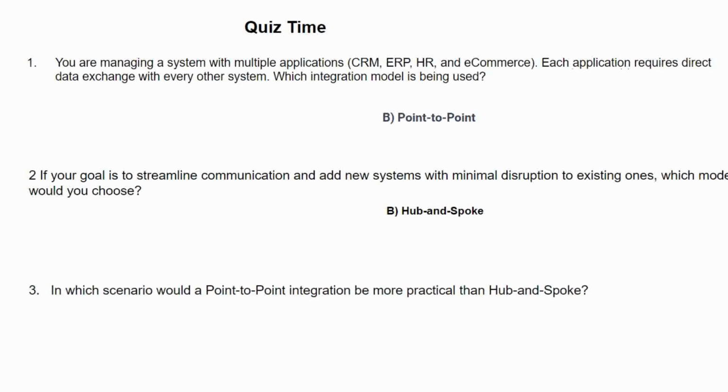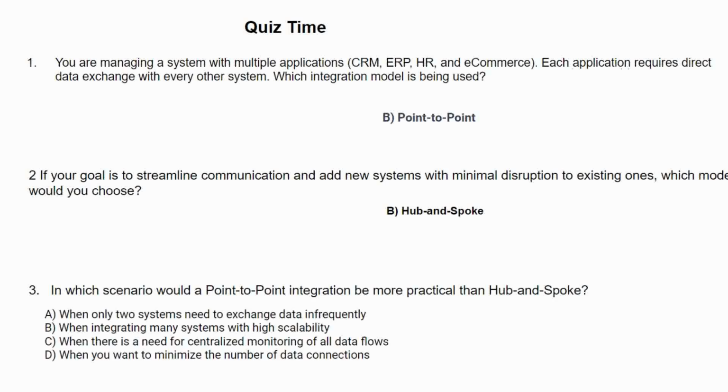The third question goes like this: in which scenario would a point-to-point integration be more practical than hub and spoke? Just think about what is point-to-point and hub and spoke and try to answer this. The options are: when only two systems need to exchange data infrequently; when integrating many systems with high scalability; when there is a need for centralized monitoring for all the data flows; and the fourth one is when you want to minimize the number of data connections.